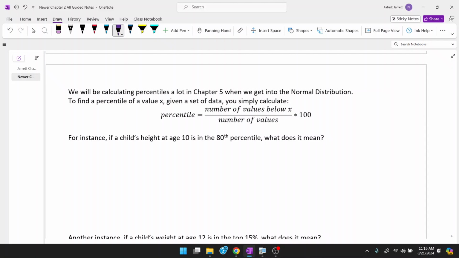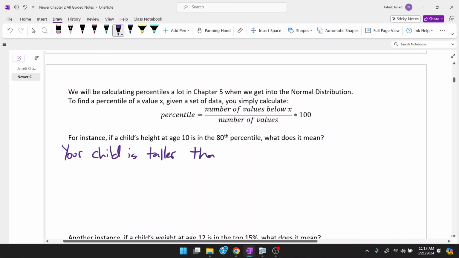Now, let's go with just the raw concept of percentile. For instance, if a child's height at age 10 is in the 80th percentile, can anyone tell me what that means? That means your child is taller than 80% of their peers.